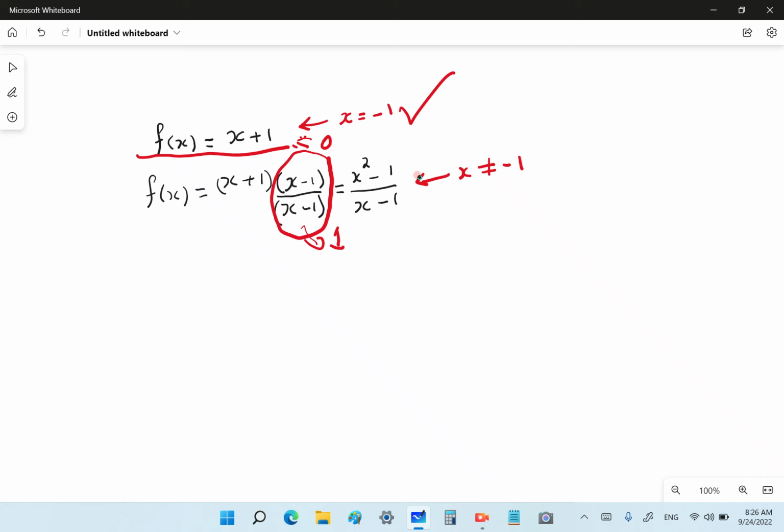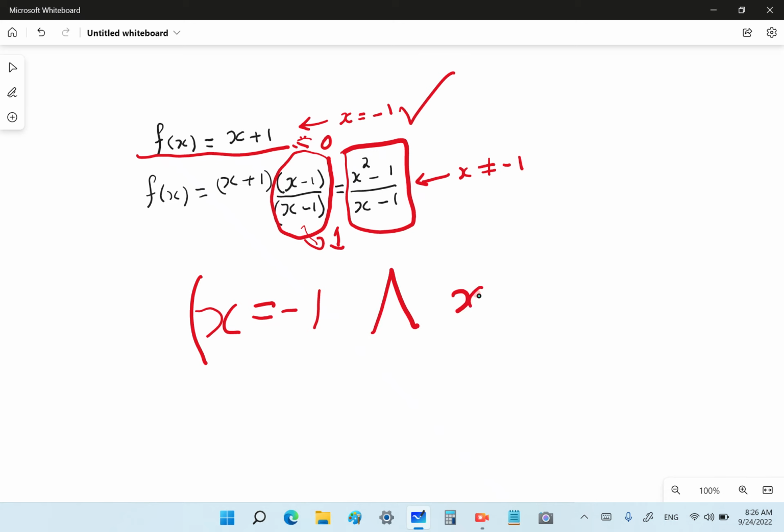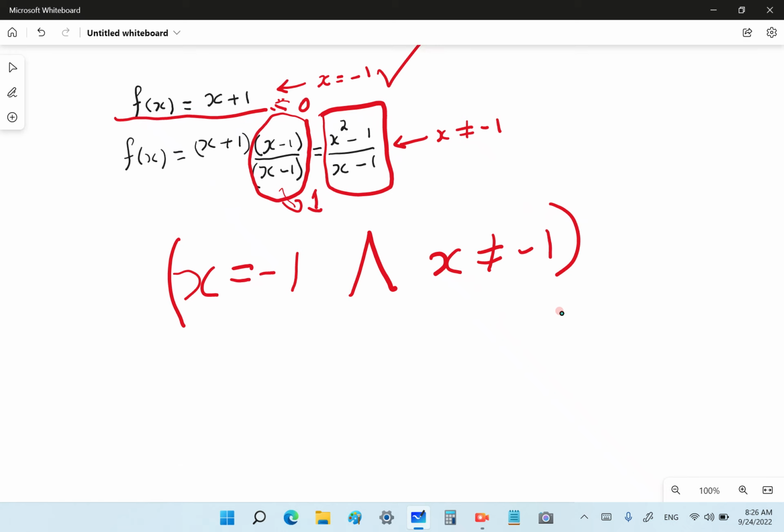If you multiply it by 1, you get this expression, right? Now suddenly in this expression, x is not equal to minus 1. So what you have now, in their beautiful logic, is that x equals minus 1 and x is not equal to minus 1. Isn't that incredible?